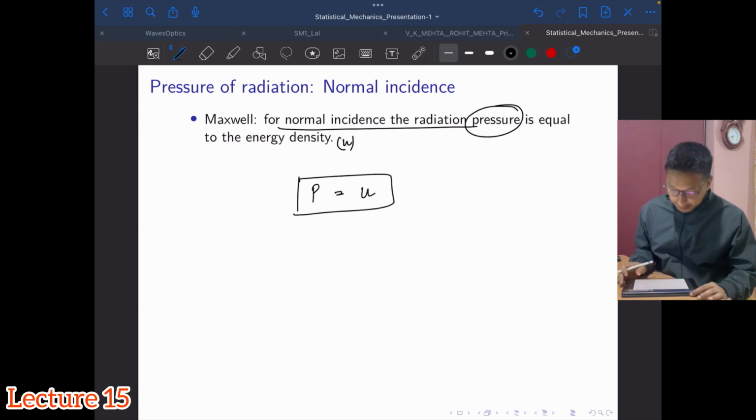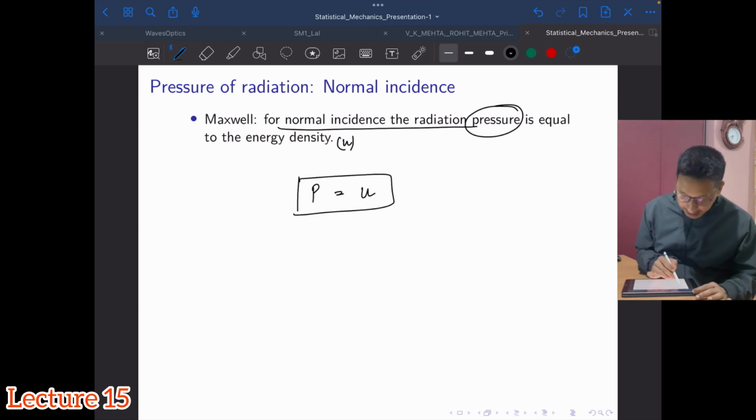Okay, so let's start. Let me draw a picture that depicts this. Let's say we have a beam of radiation.